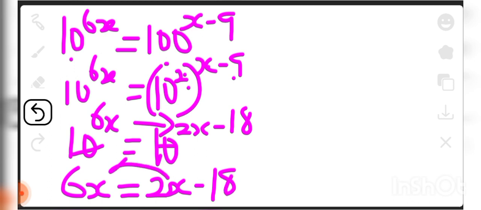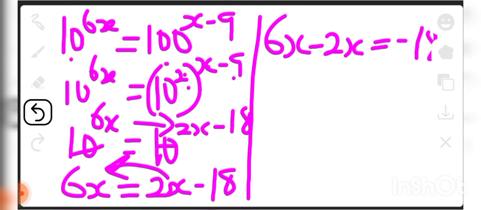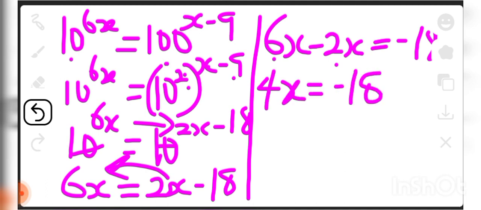Collecting like terms, this moves to the side, then we are going to have 6x minus 2x is now equal to minus 18. So 6x minus 2x, that's 4x. It's now equal to minus 18.